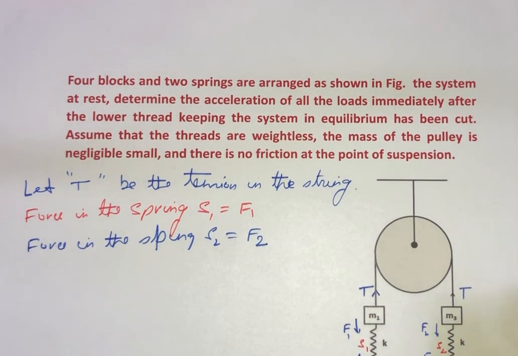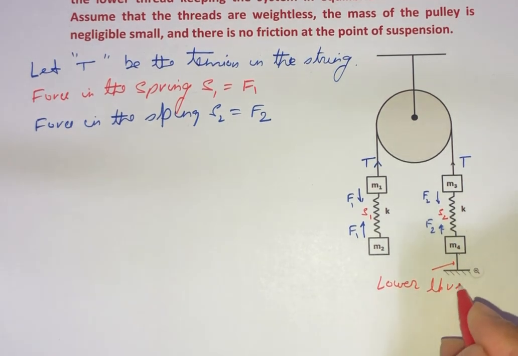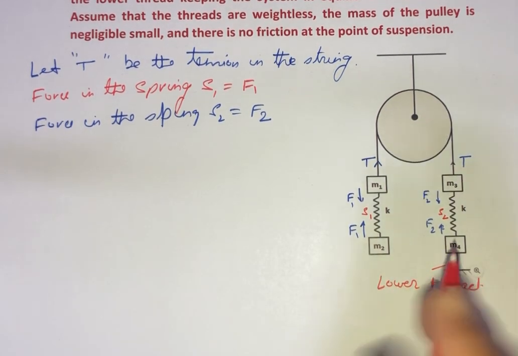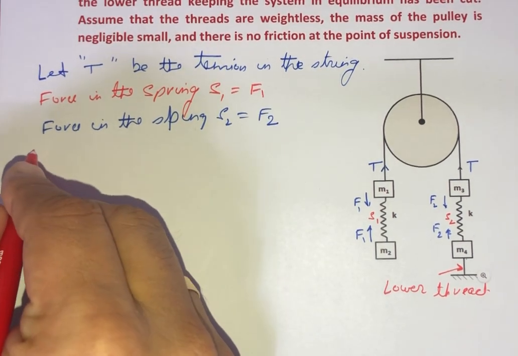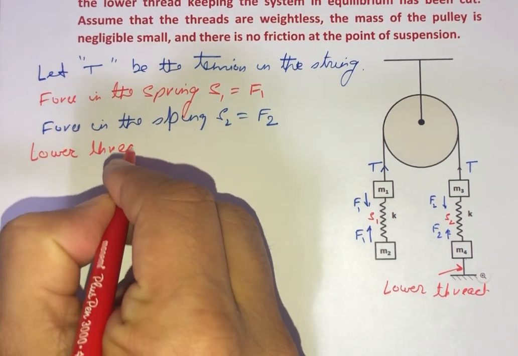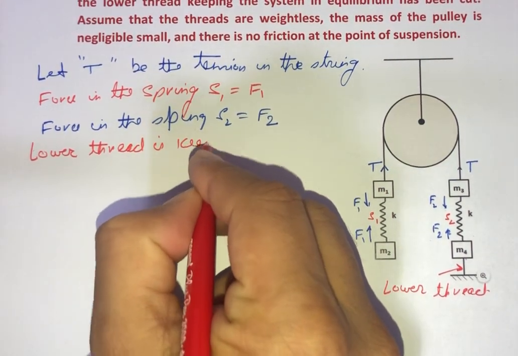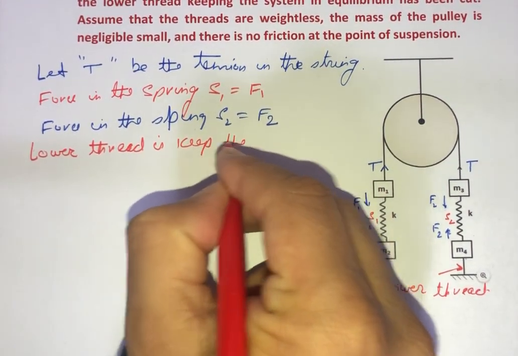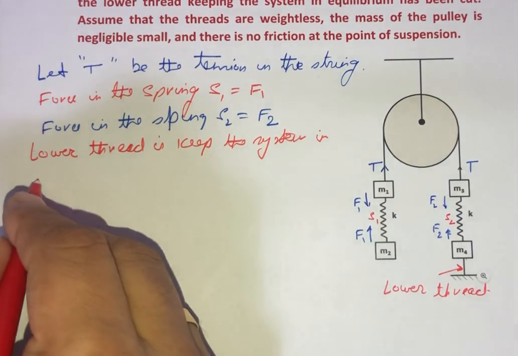So it is given that this is our lower thread. It is given that the lower thread is keeping the system in equilibrium.